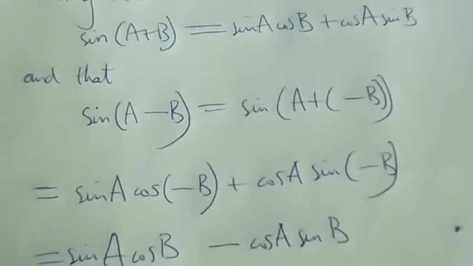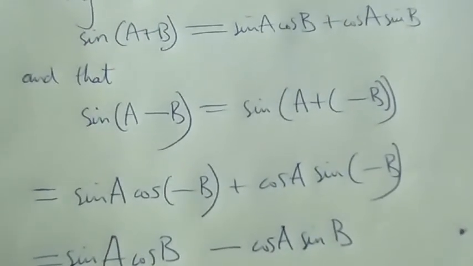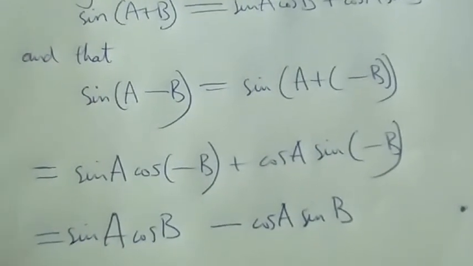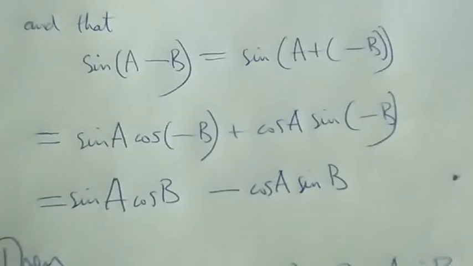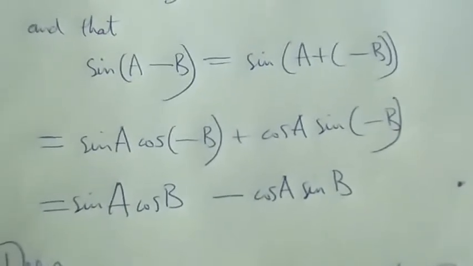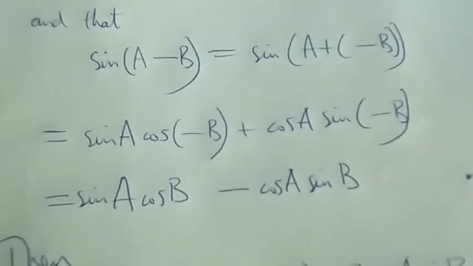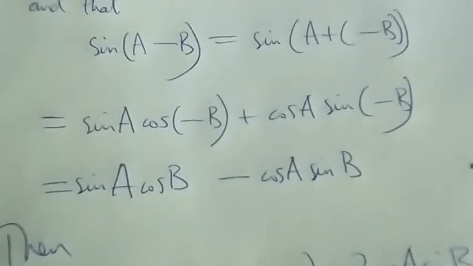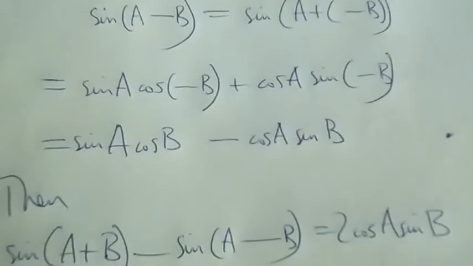And so sine a minus b is equal to sine a cos minus b plus cos a sine minus b, and so there we have sine a minus b is equal to sine a cos b minus cos a sine b.